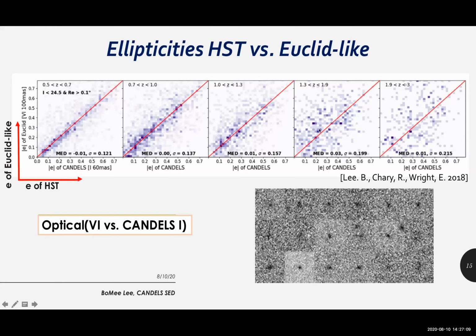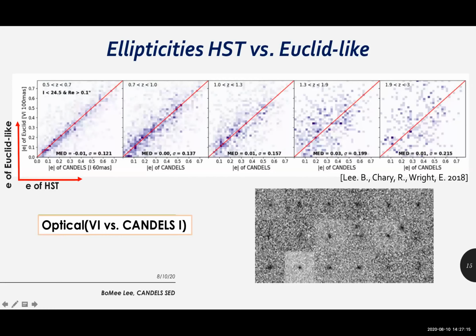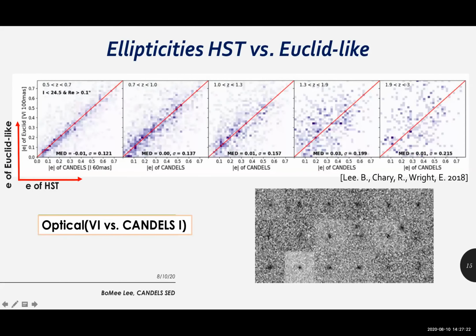The purple color is optical, and this is near-IR. Here are some simulated Euclid-like images in optical and near-IR. You can see some differences visually at different wavelengths.